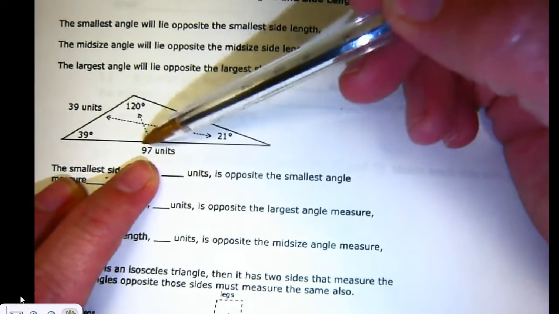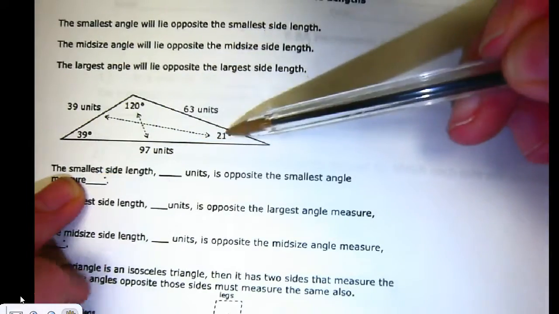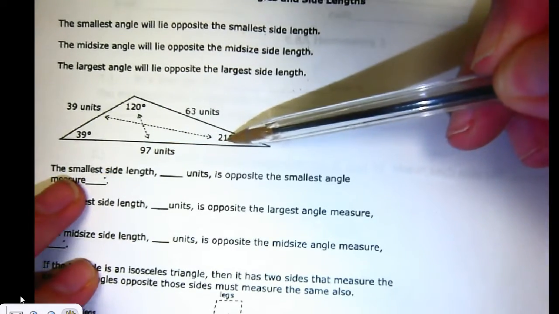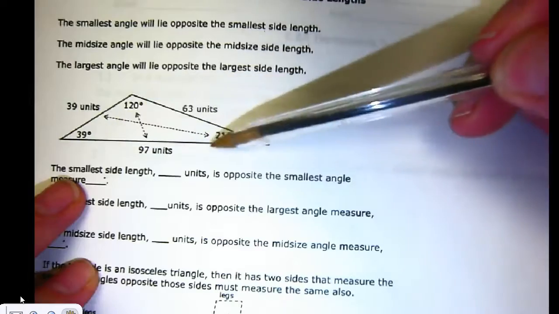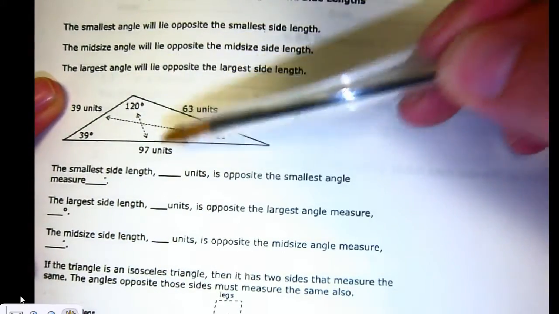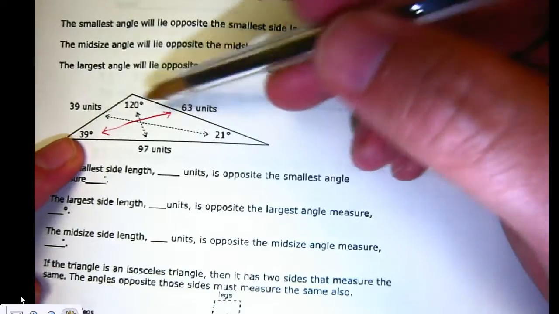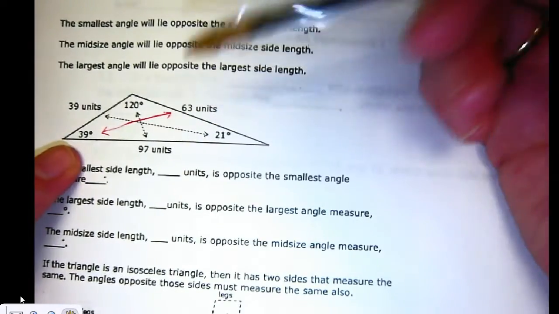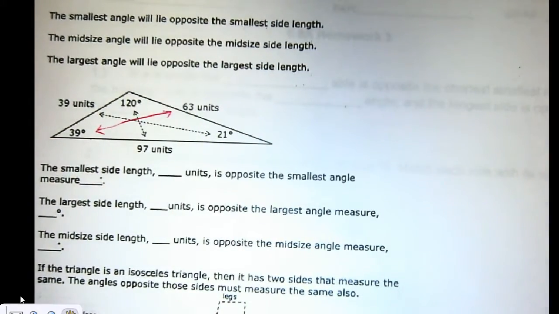So biggest angle is across from biggest side. 21 is your smallest angle out of the three. If you look across from it, it's across from 39, which is the smallest of the three sides. And then you're left with the middle. If you do the large and the small first, then you're left with the middle. So, like I said, pretty simple.